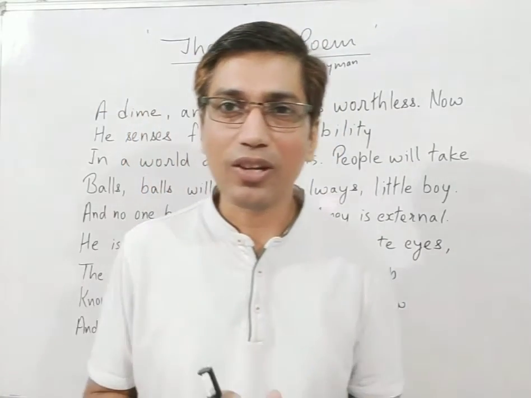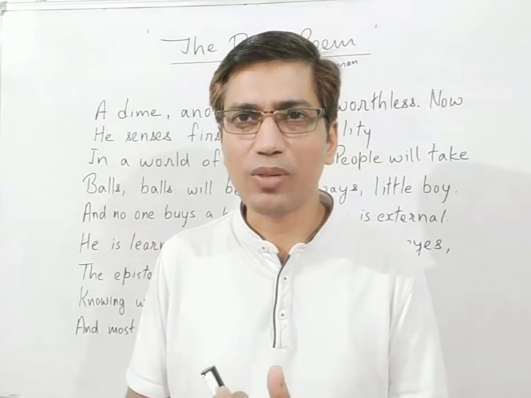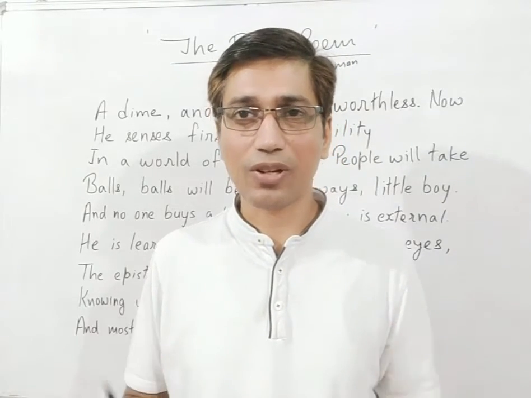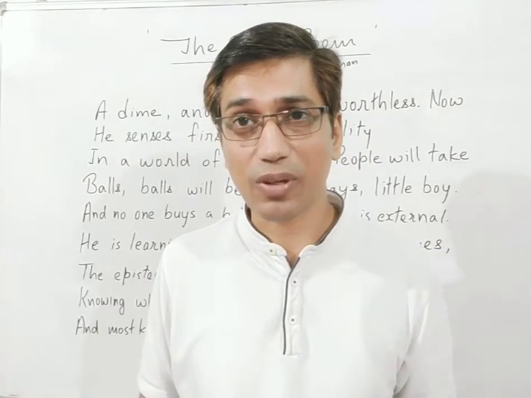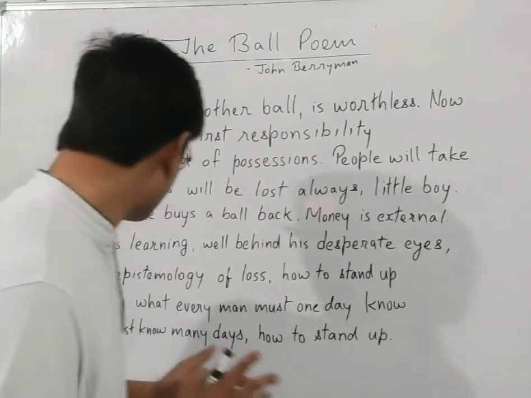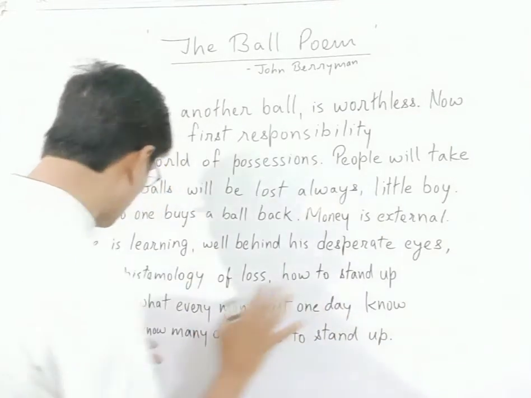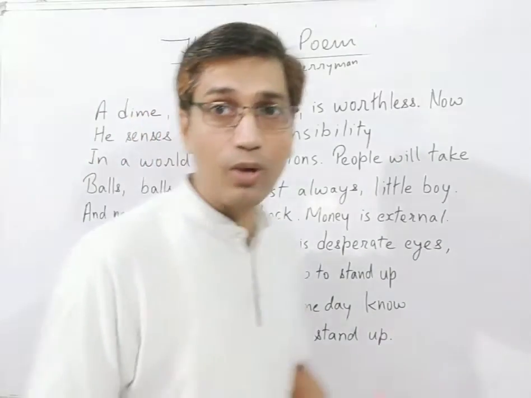But the important thing to learn is we should not let that suffering and misery be attached to us for a long duration because of that loss. Because if we allow it to happen, life will be miserable. So what the poet says is learning the epistemology of loss, how to stand up knowing what every man must one day know. Now he's learning what?